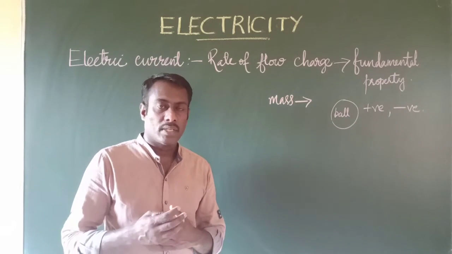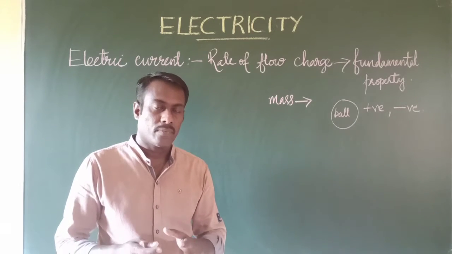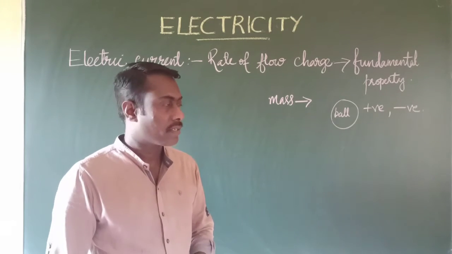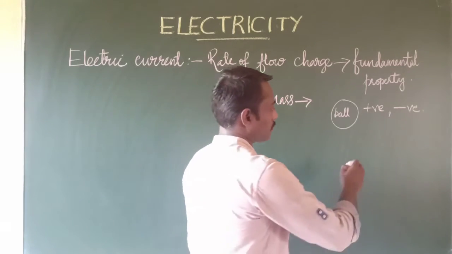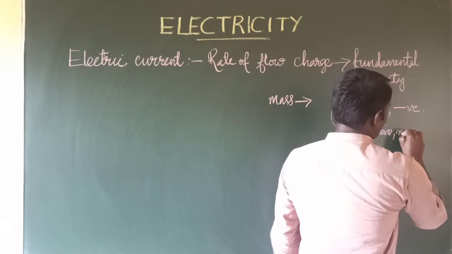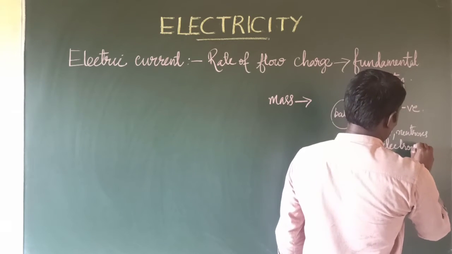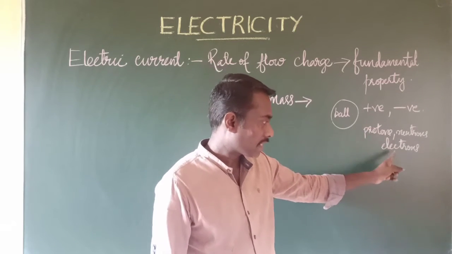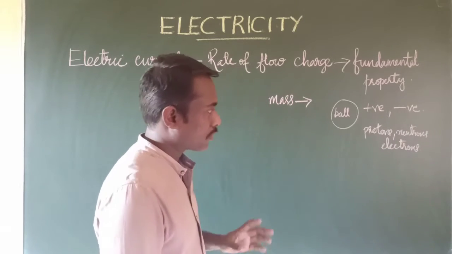If we study a material in much depth, finally we come to the entity of that matter, that is the atom. An atom is made of protons, neutrons and electrons. Protons have a positive charge and electrons are negatively charged. Neutrons are chargeless, neutral particles.